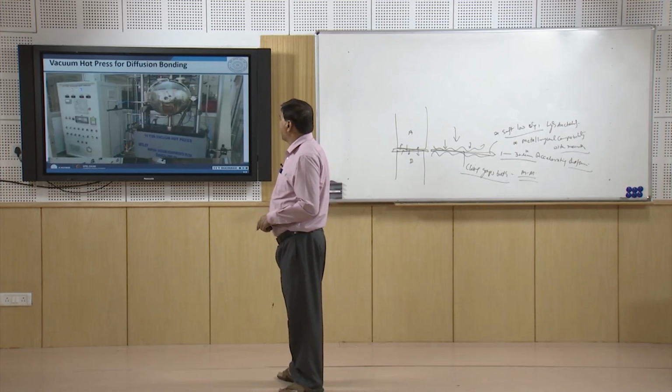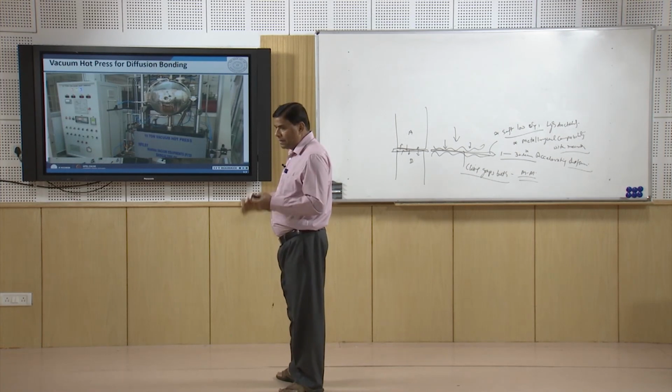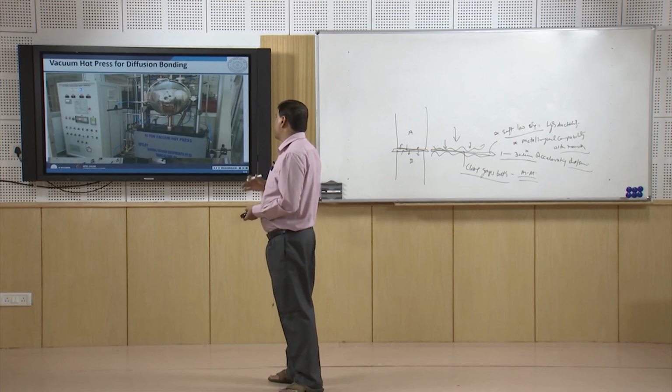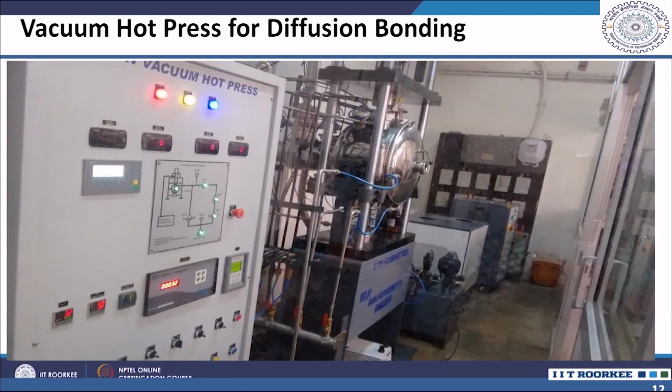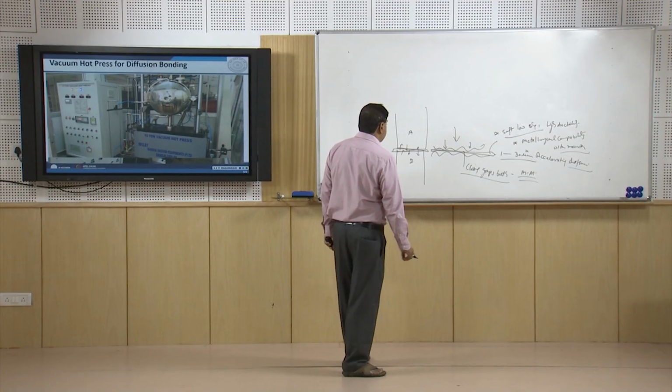Here the samples are kept under pressure, and the diffusion suitable vacuum is selected so that impurities are not formed at the interface in presence of the gases. There can be a variety of systems of the similar kind.